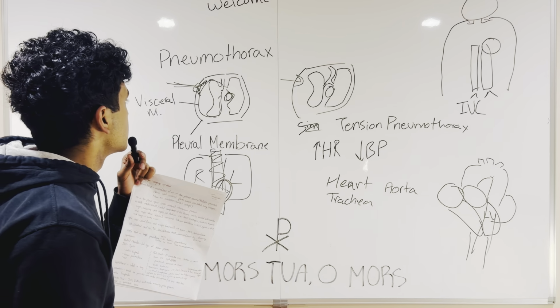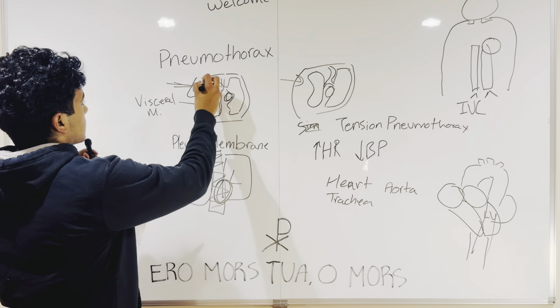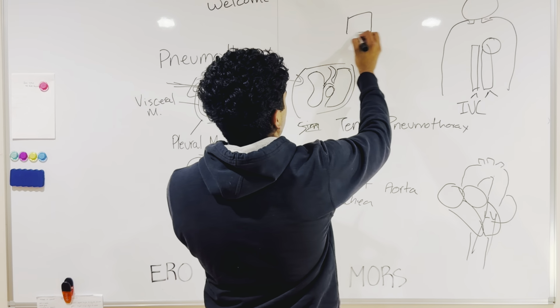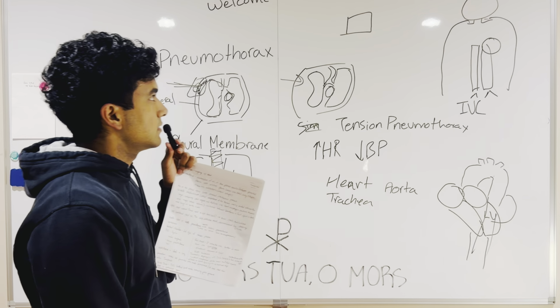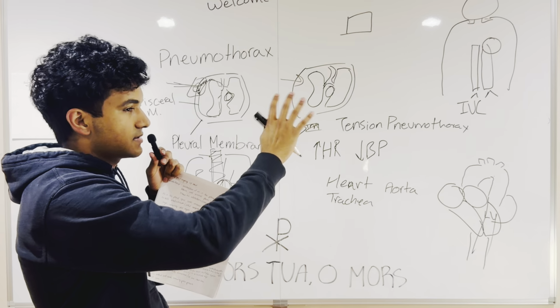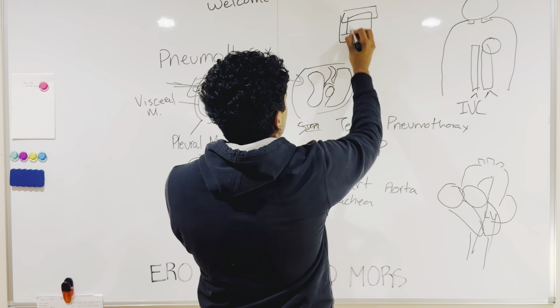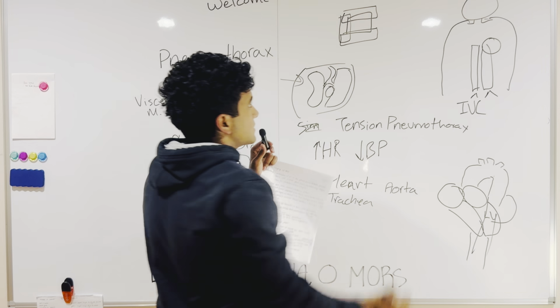But the main thing is you're gonna put an occlusive dressing, and if you don't remember, I don't know if they make fancy ones, but the way we learned it was you have a seal, and then you have tape on it on 3 of the sides.